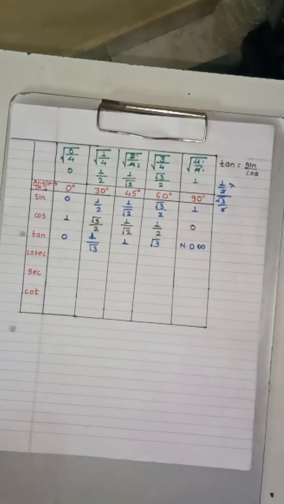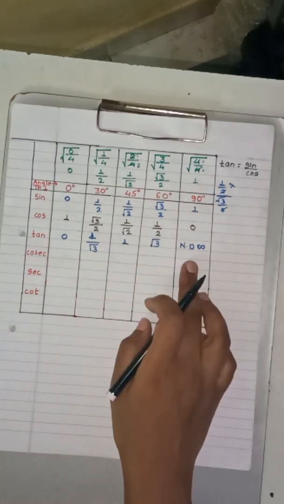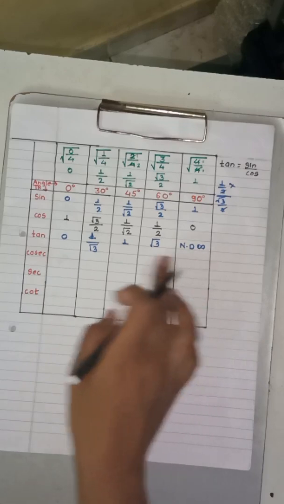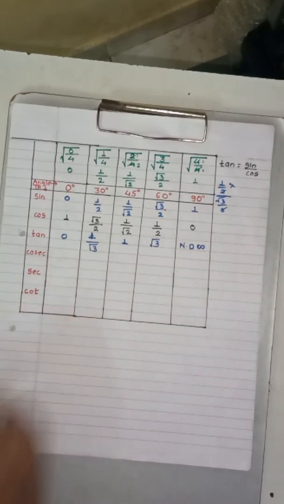Now let us move on towards cosec. Now cosec, you will be writing it in the reverse order of tan theta.